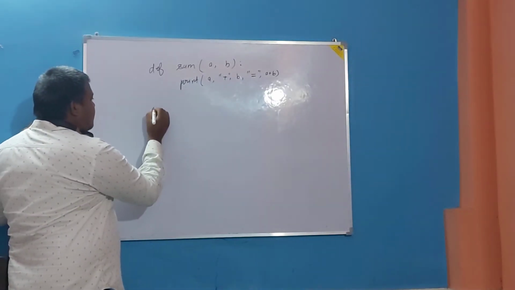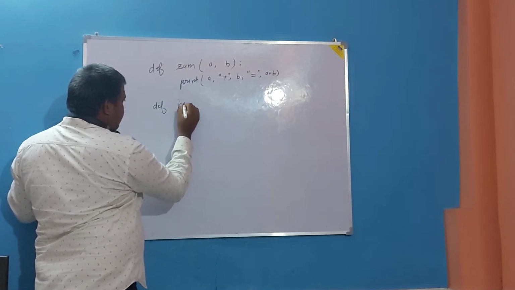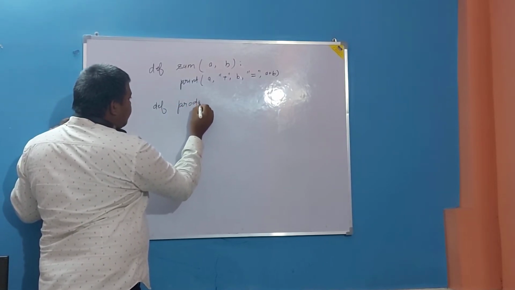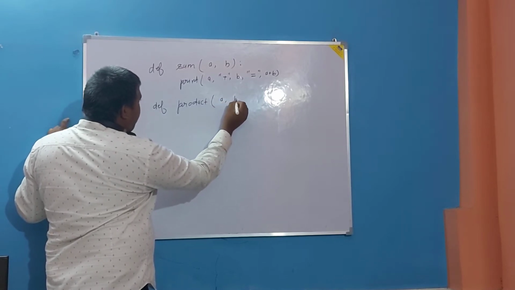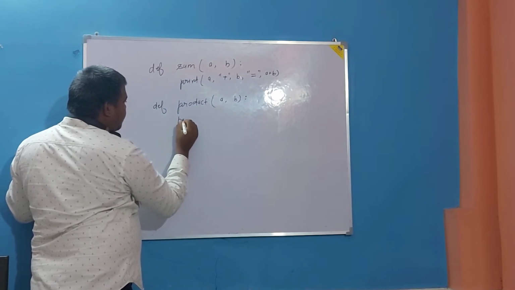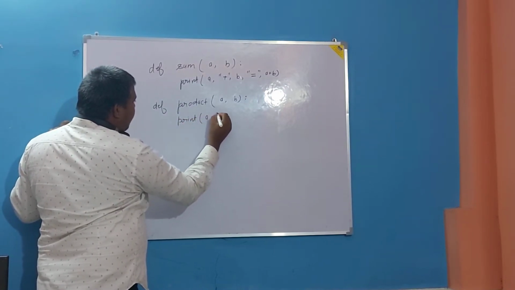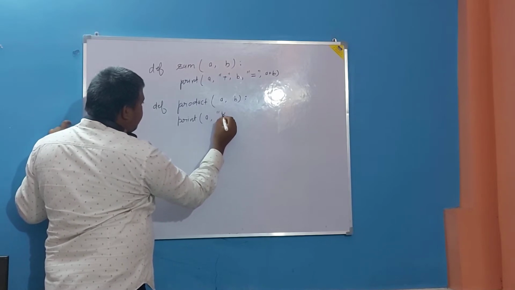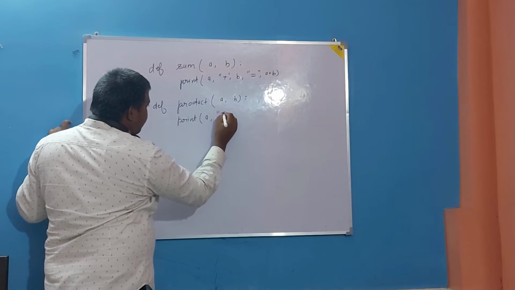In the same way, we will define one more function named product. It is also taking two parameters a comma b colon, and we will write print(a, "*", b, "=", a * b). Sorry, that was wrong; we have to use this sign.